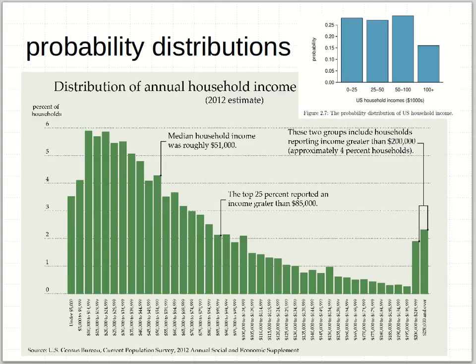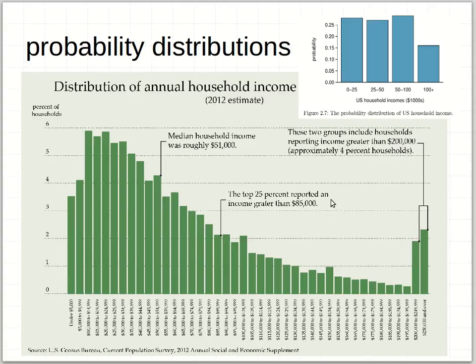The people who are making so much money that they're out there on the far upper end of the top 1% income bracket. In fact, the bars that you see right here in the far right end are stacked up. They're accumulated because we're piling up everybody in the 200 to 250,000 range, and this last bar is everybody who makes more than 250,000. So actually, the tail goes way, way out to the right, and they just stacked them all up because they didn't want to graph this so far out to the right.